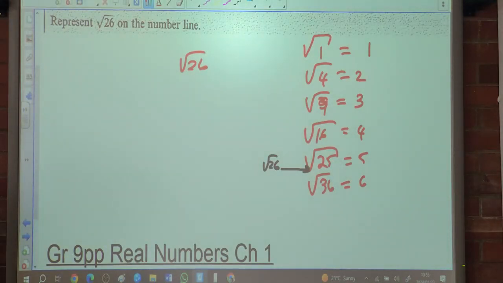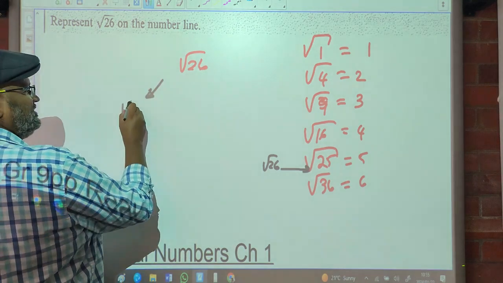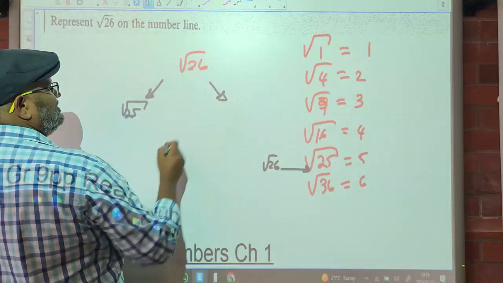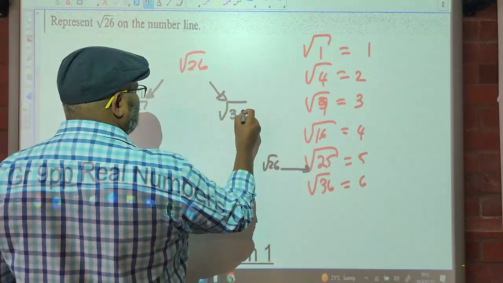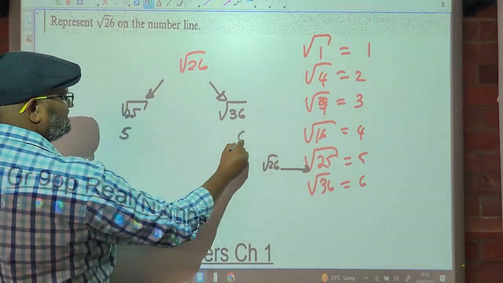Not so? So to the left of the square root of 26 is going to be the square root of 25, and to the right, or bigger, the perfect square is going to be the square root of 36. What's the square root of 25? 5. The square root of 36? 6.